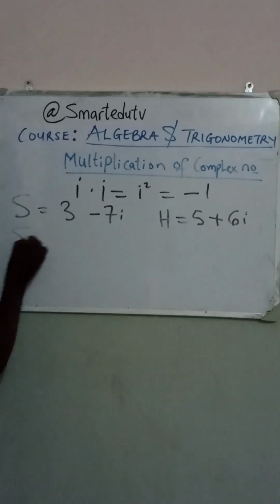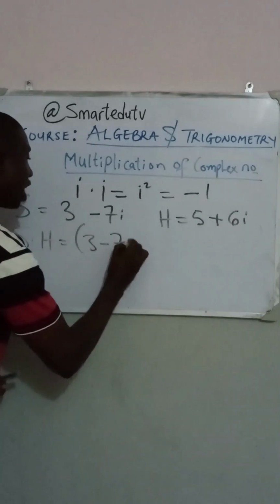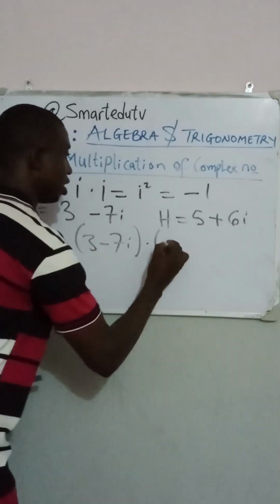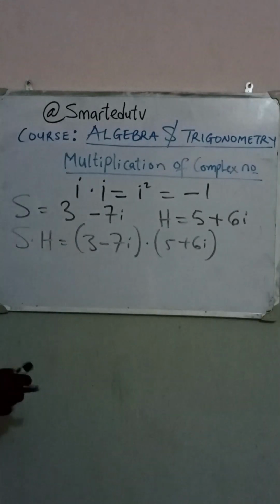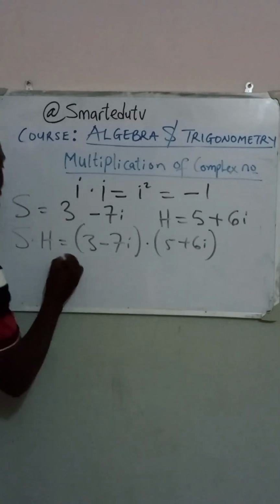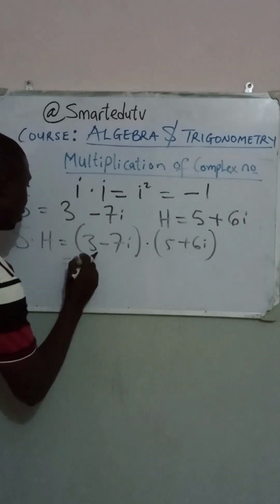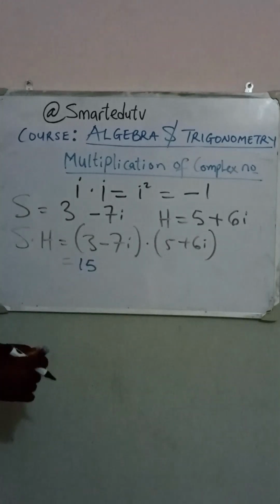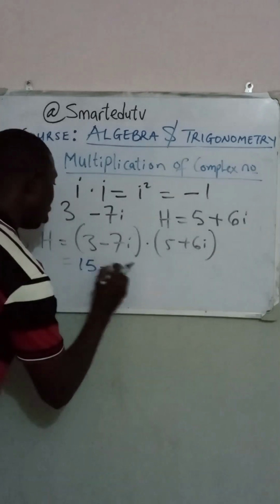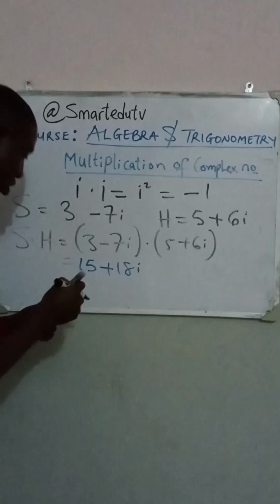This will give us the multiplication of S and H: 3 minus 7I multiplying 5 plus 6I. If we evaluate this, 3 multiplying 5 gives us 15. Also, 3 multiplying plus 6I gives plus 18I.